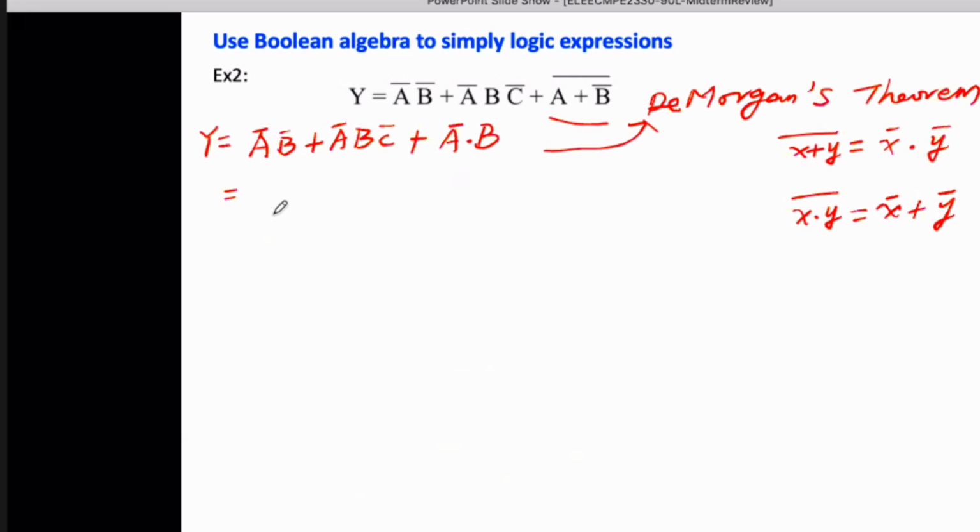Then next step, let's try this. Say here you have A naught times B naught, and this is A naught times B. Then let's combine the two together using the combining property.